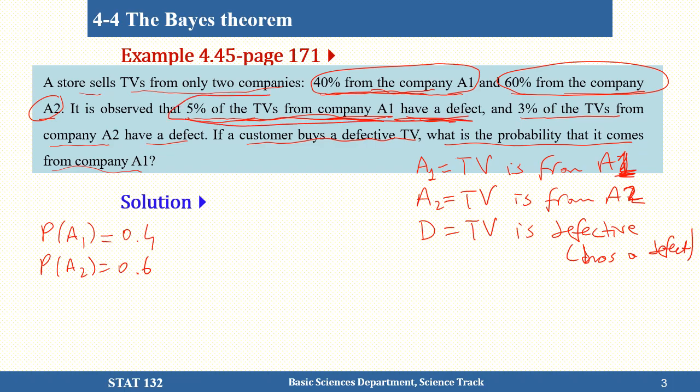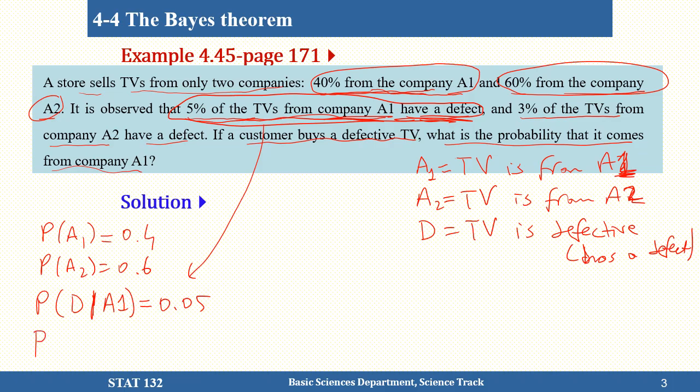So how can you write this in terms of probability? This is indeed saying what's the percentage of defective TVs among A1? It exactly gives this, so it will be 0.05.